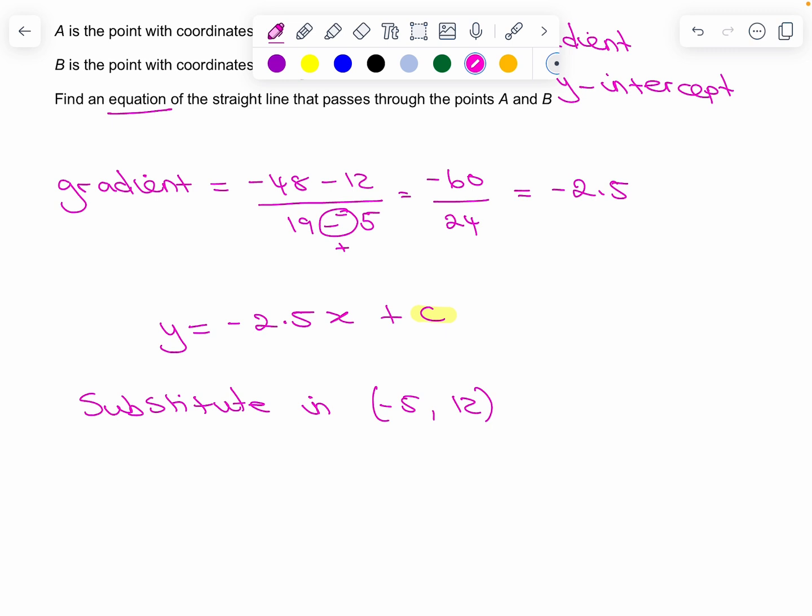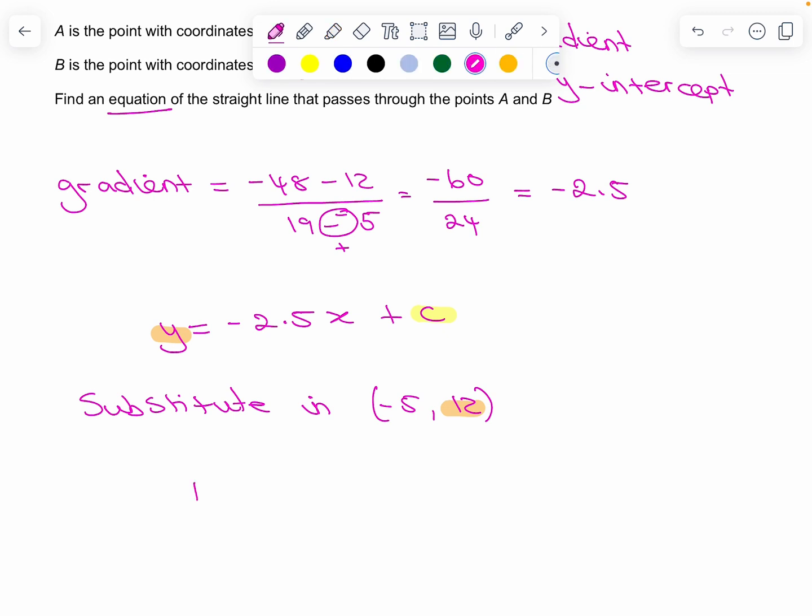So wherever I see y, I'm going to replace with 12. In fact, I'll do it a different colour so that we don't get mixed up. So wherever I see y, I'm going to replace it with 12 because that's my y coordinate.